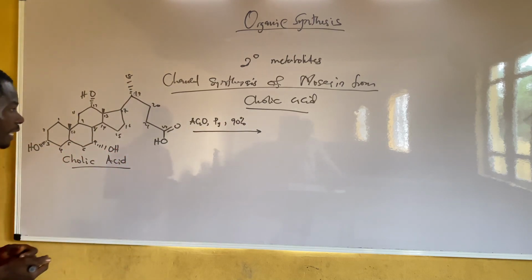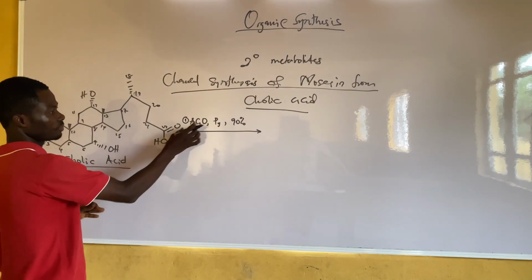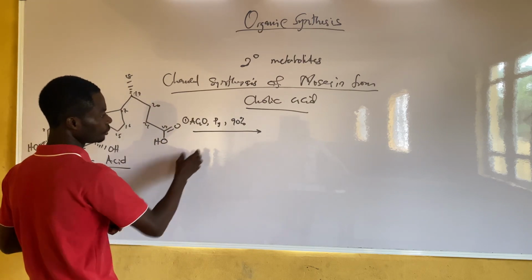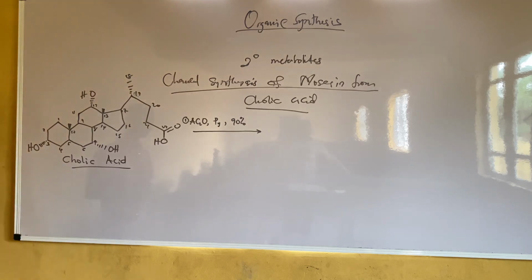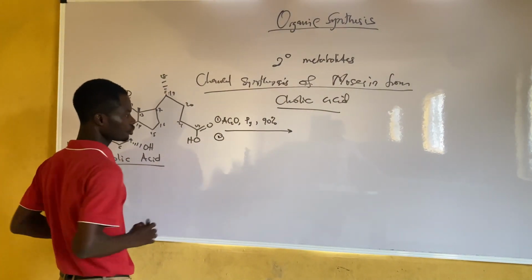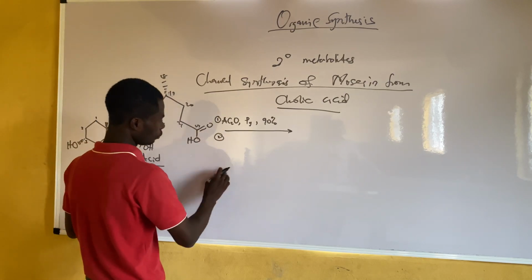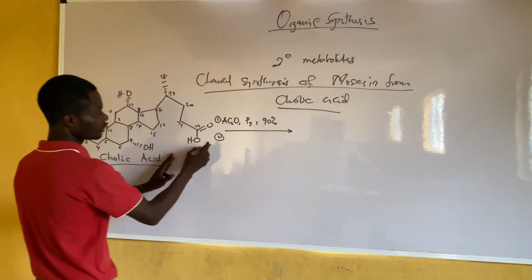That is the first thing we do. We treat this with acid anhydride and pyridine, at about 90% concentration. Then we move on, because we have to oxidize this, like I said.